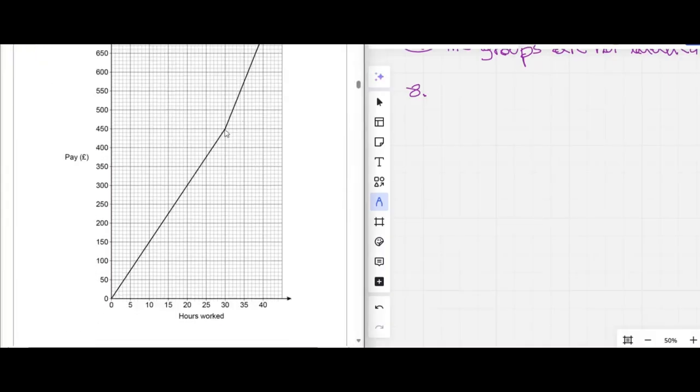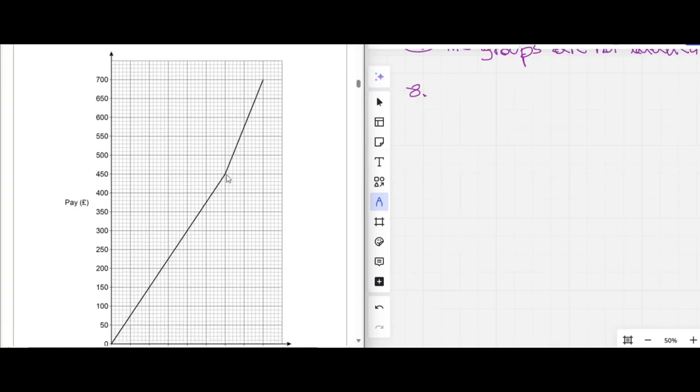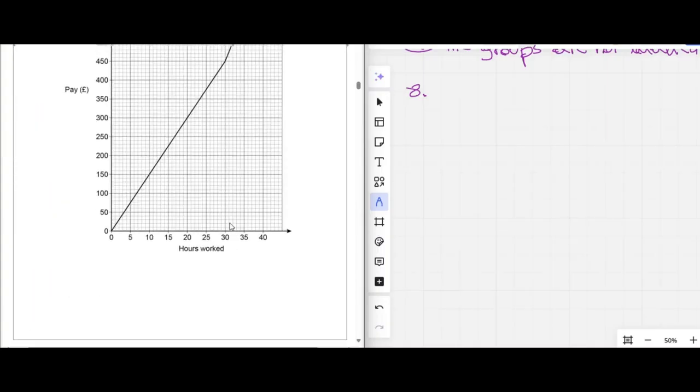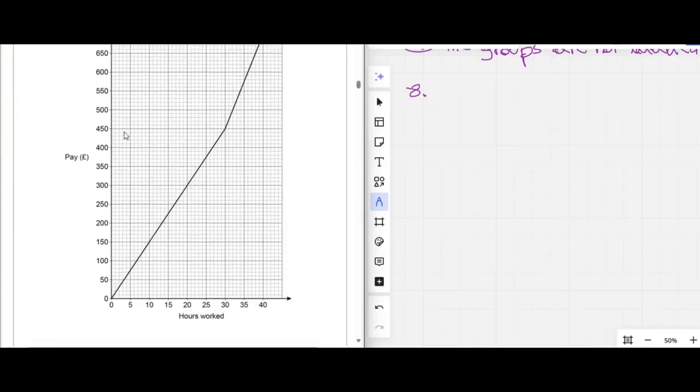And this is the point of bend where the line looks a bit different. Can you see that there is a different angle than here? So we have a different gradient. Work out the ratio, basic hourly rate to overtime hourly rate. So basic pay, we can take from this point.